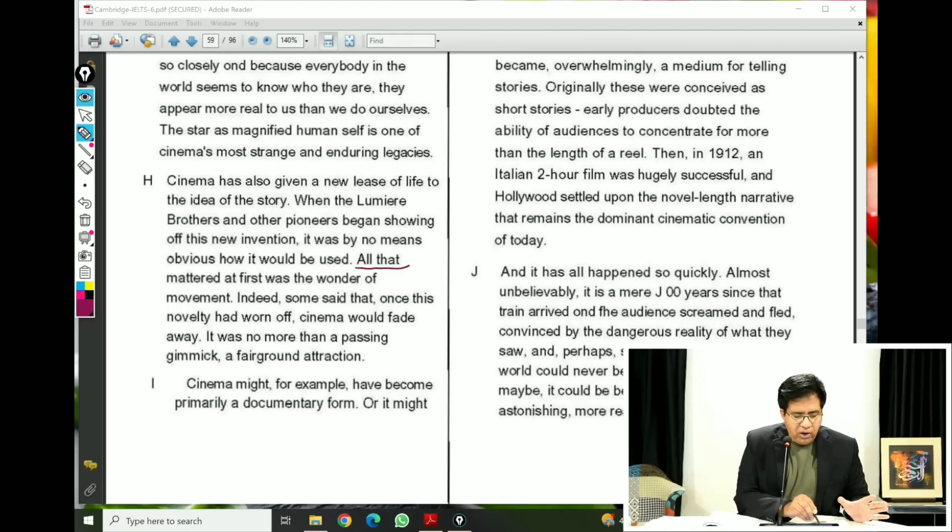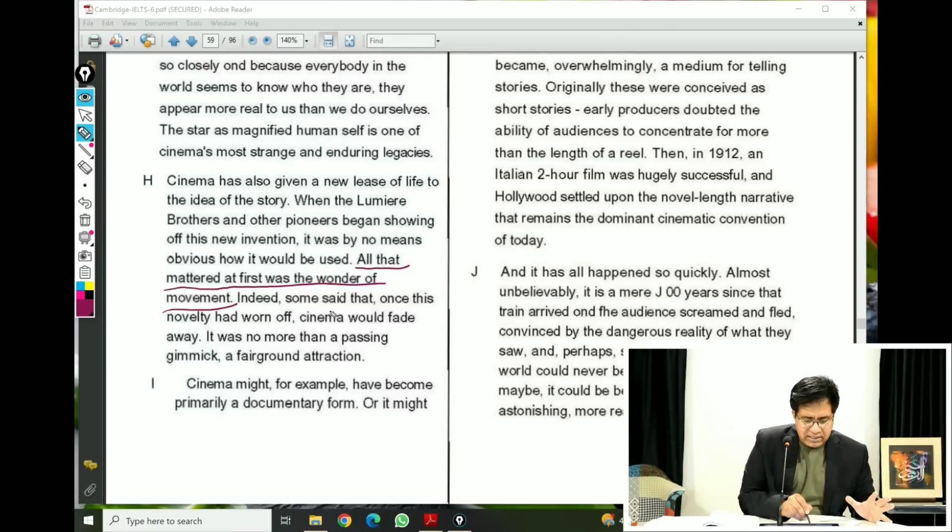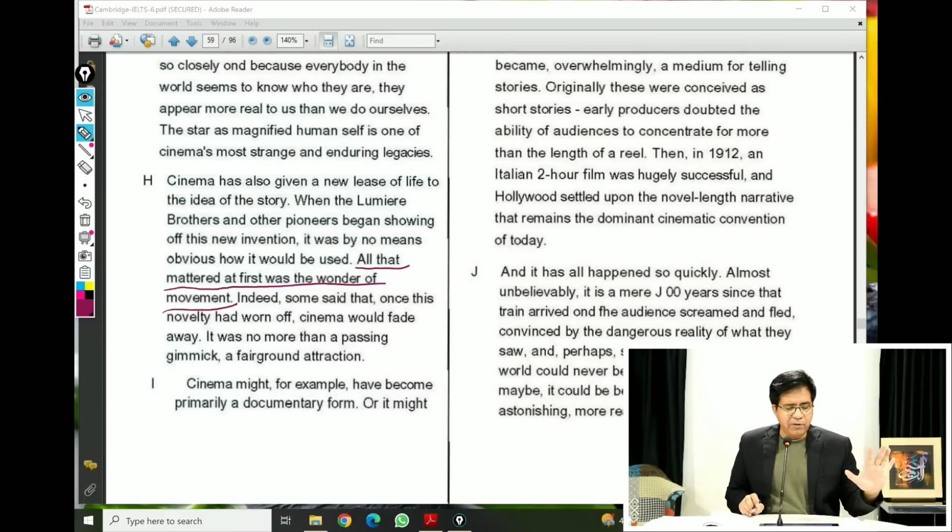And then they said, all that mattered, now this is important, all that mattered at first was the wonder of movement. Wonder of movement, train is coming, action and all that. Indeed some said once this novelty had worn off and all that.